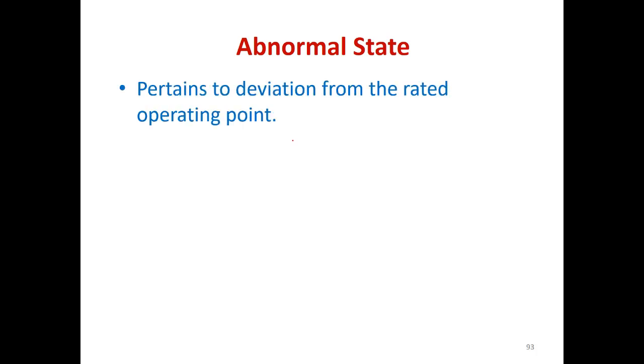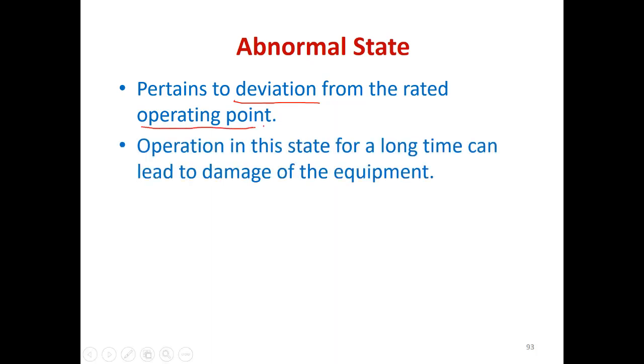Let us see the abnormal state. What is the abnormal state? It pertains to the deviation from the rated current. You should note it down. It is, in fact, the deviation from the rated operating point. That we call the abnormal state.